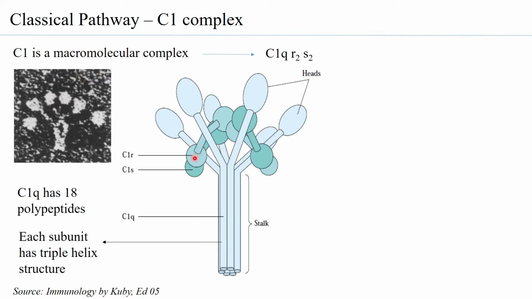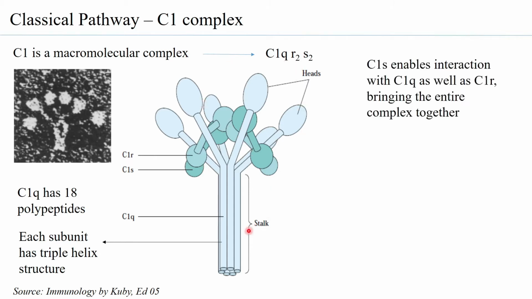Now you can see that you have C1r and you have C1s. You can see you have C1r and this is the other C1r, while you have C1s and this is the other C1s. So there are two subunits of C1r and C1s associated with the C1q. The C1s is a kind of intermediate between C1q and C1r.